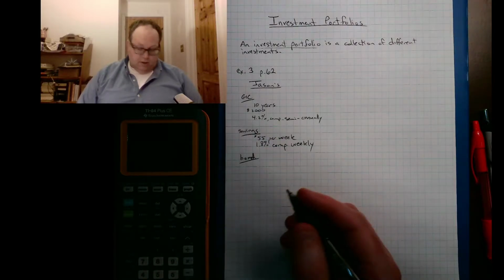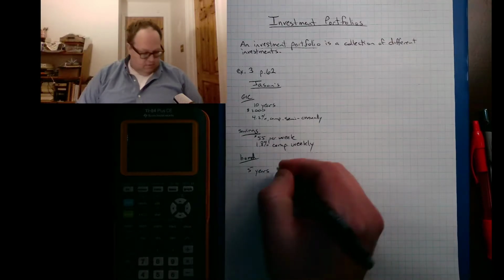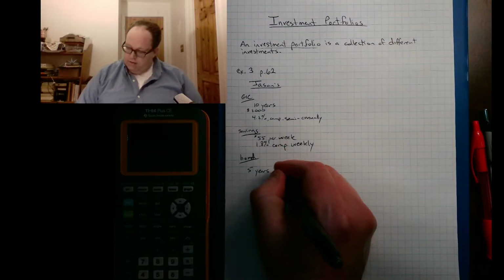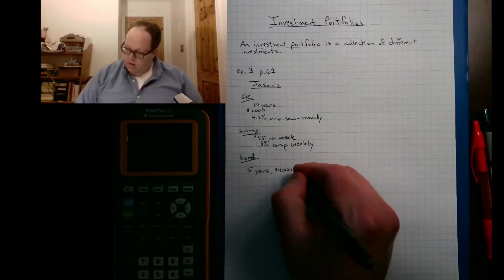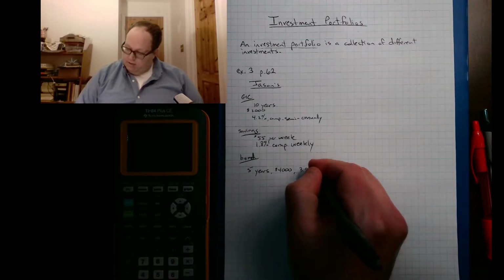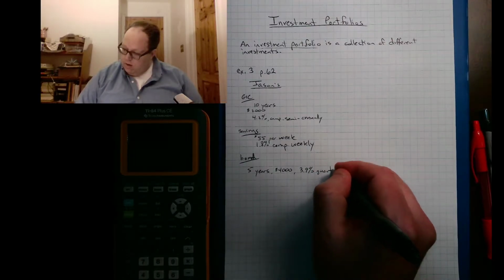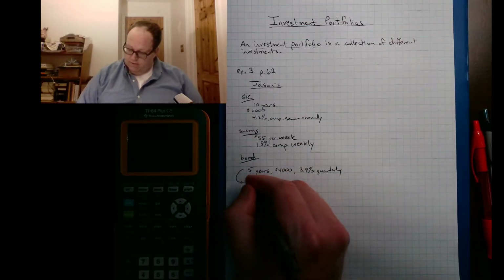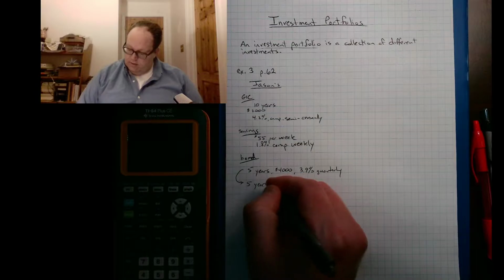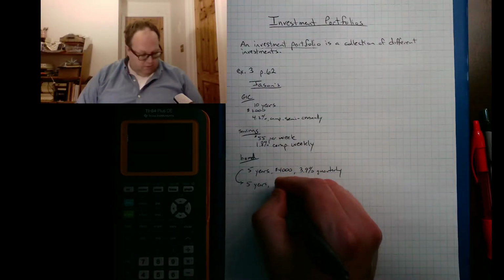Basically broken into two parts. 5 years, $4,000 investment, 3.9% quarterly, which he then feeds into another 5-year bond, which gets 4.1%.